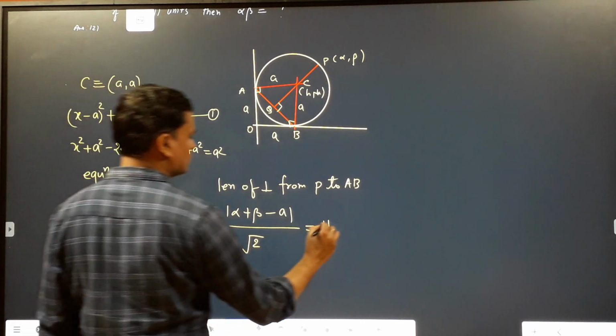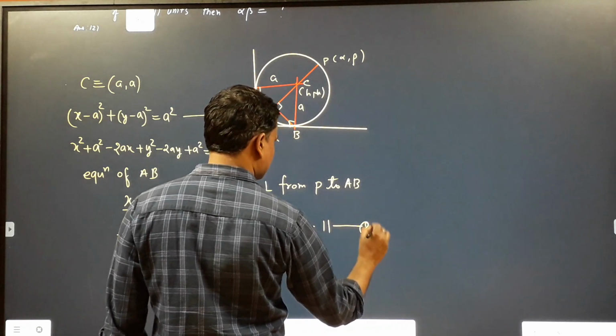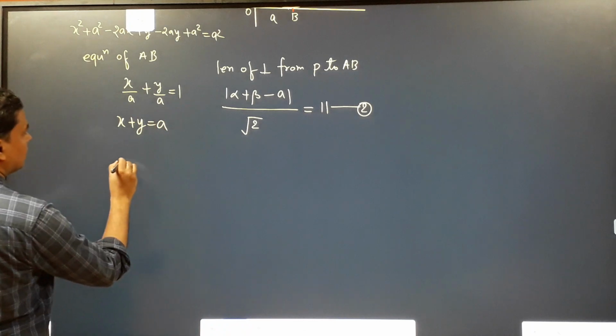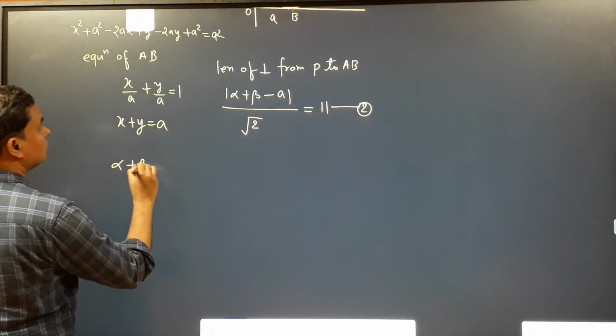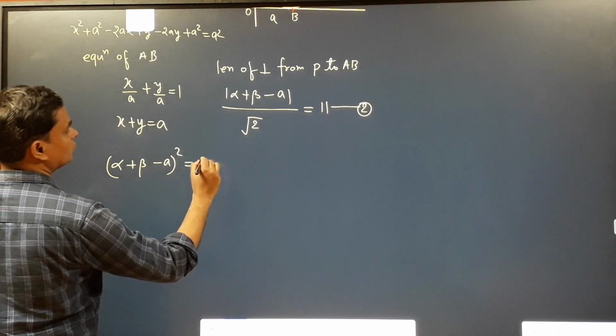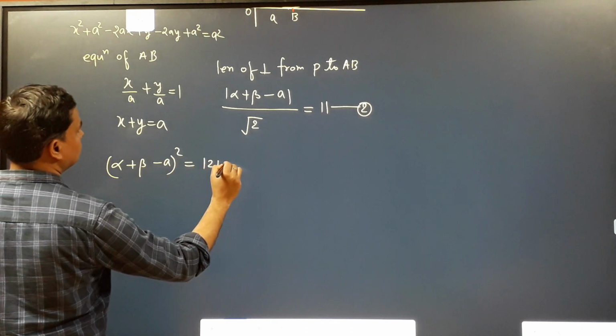So squaring equation number 2, what will we get? Alpha plus beta minus A whole square is equal to 121 into 2.